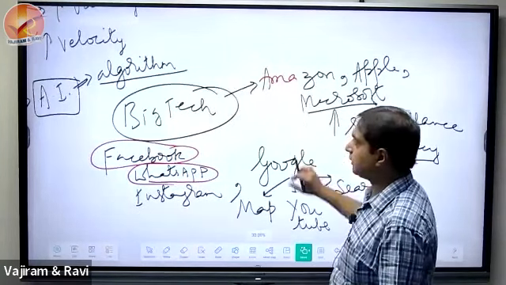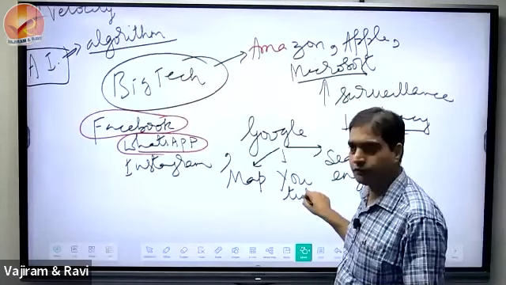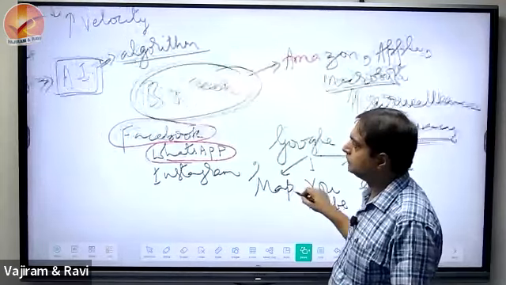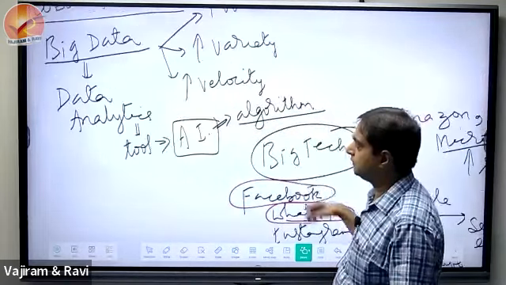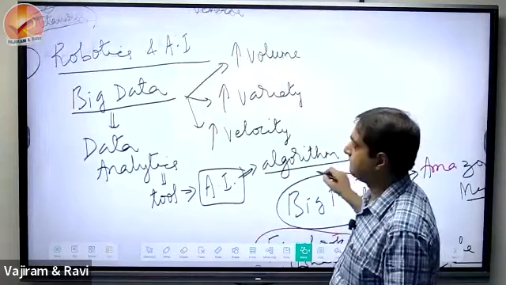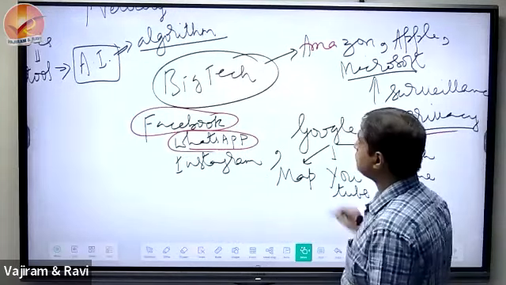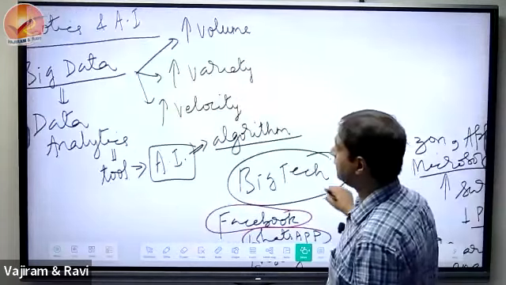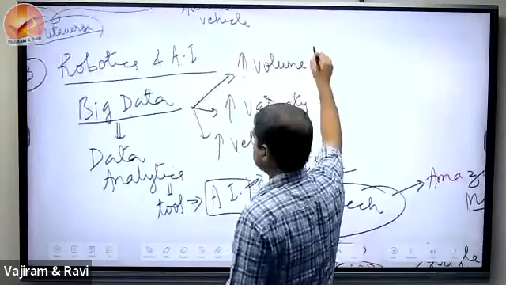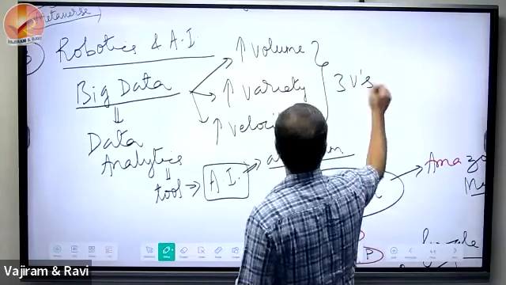So you have to understand the context of discussion, what you are reading in the newspaper, how it is important for you, and how it is connected to the syllabus that you are writing now, one by one. So these three V's together, isn't it? These three V's, they together form what?